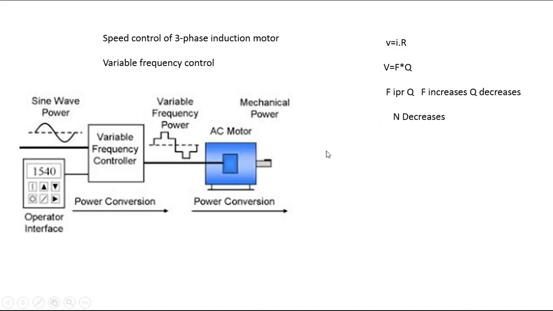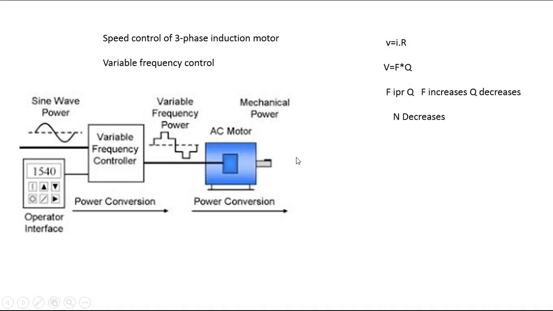I repeat once again, case 1 is if the frequency is very much less, frequency is inversely proportional to magnetic field. For low frequency conditions, the magnetic field strength increases and hence the speed of the motor increases. Case 2, for high frequency conditions, the magnetic field strength decreases and hence the speed of the motor also decreases.